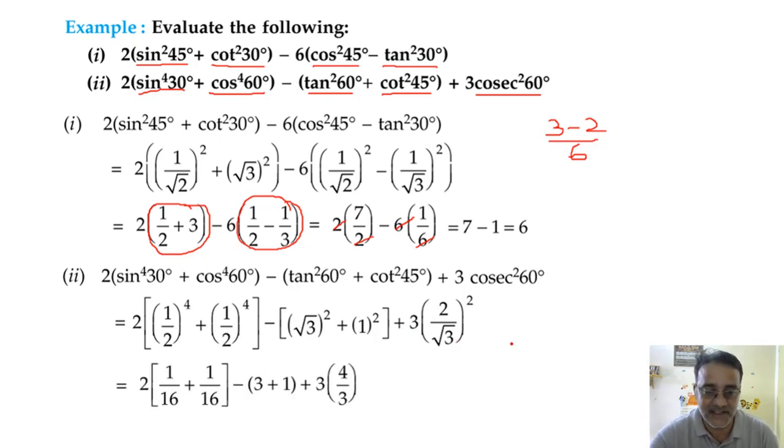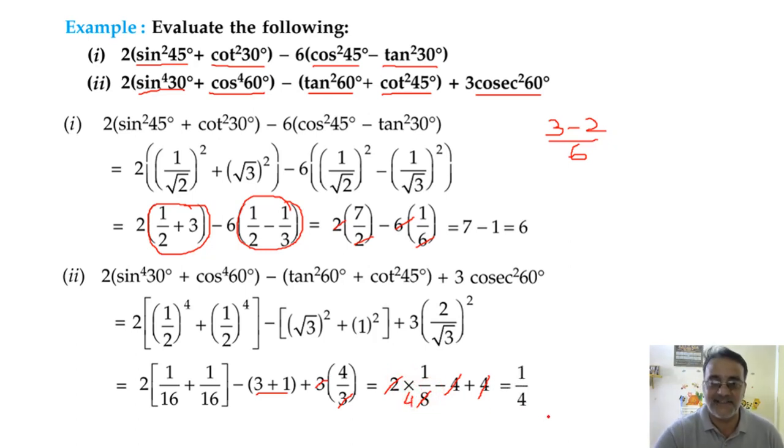Okay, we have squared everything. Now look carefully here: this 3 will be cancelled and 3 plus 1 will become 4, and 1 by 16 plus 1 by 16 will become 2 times 1 by 16. So 1 by 8 we can write. Next step, this 2 will be cancelled, and you can cancel this too. What will be the final answer? 1 by 4, right. Any doubt in this question?